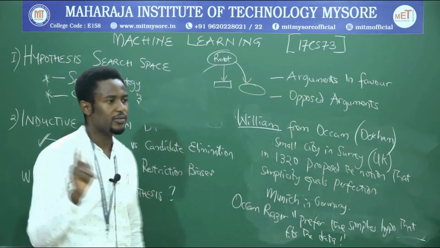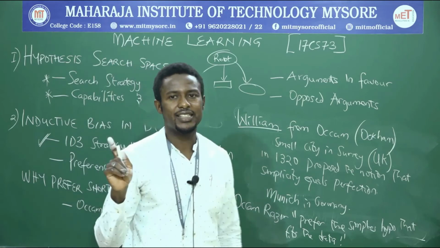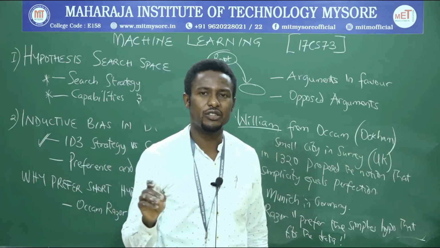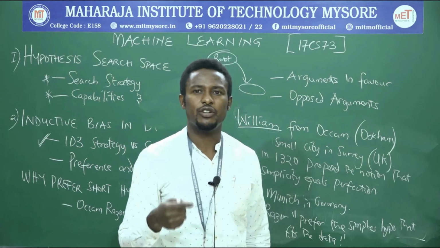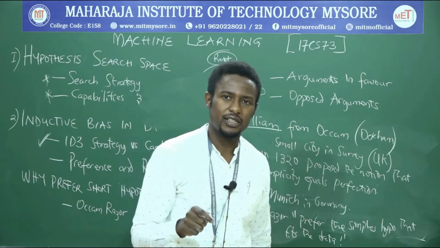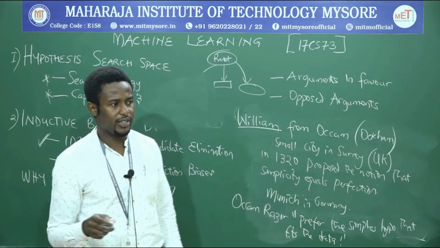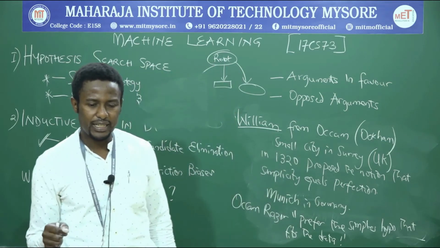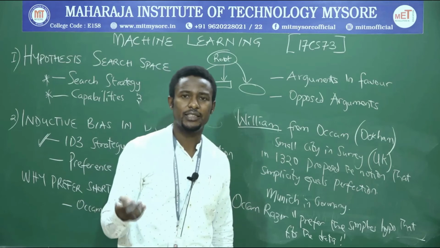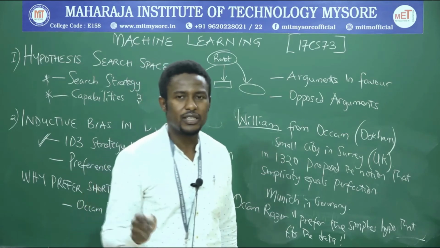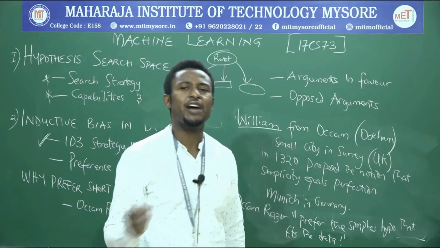I will repeat. In earlier centuries, we had this notion of whether the earth revolves around the sun or the sun revolves around the earth. One of those philosophers proposed that actually the sun is stationary and the earth revolves around it.